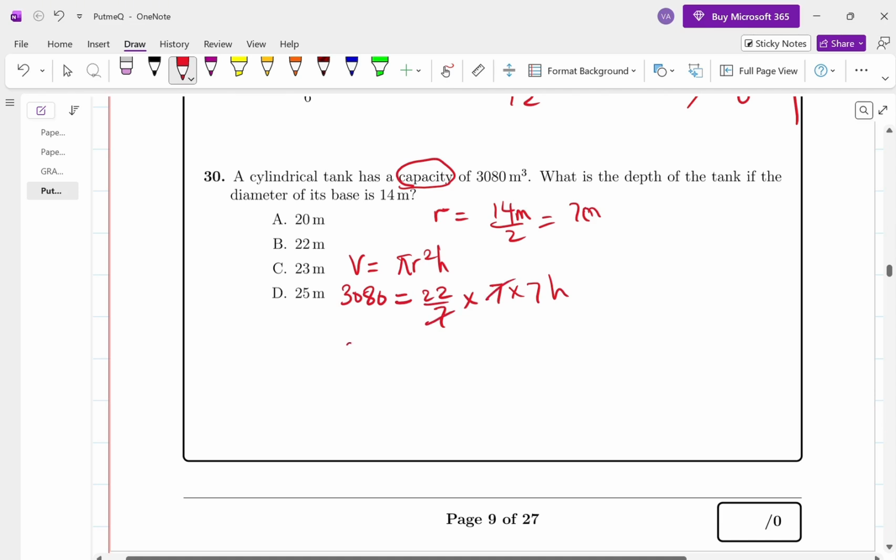So this will be 3080 equals 22 times 7, which is 154 h. Now to get our h, we divide both sides by 154. So when you do this division, you should be getting around 20 meters. So that's the value for the depth or the height.